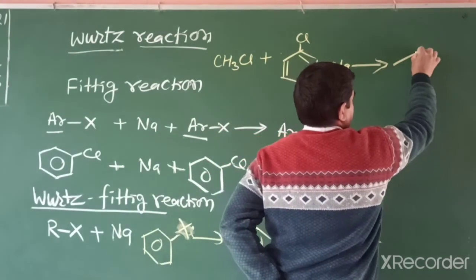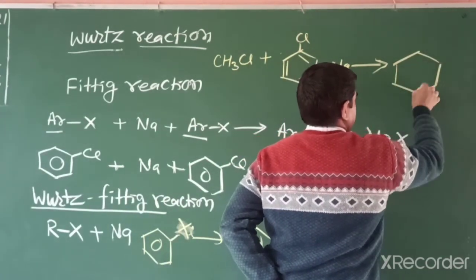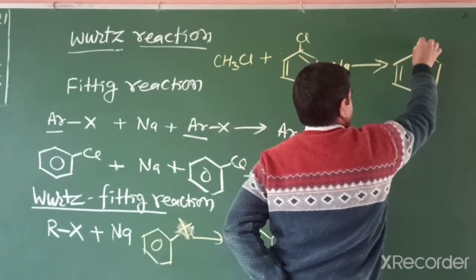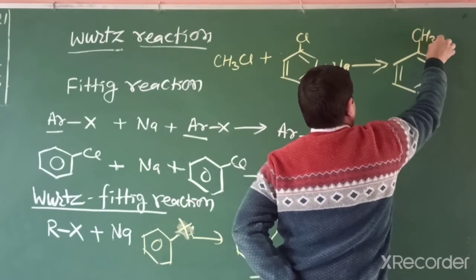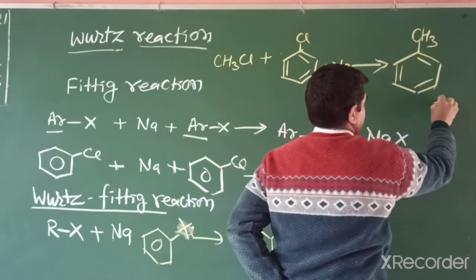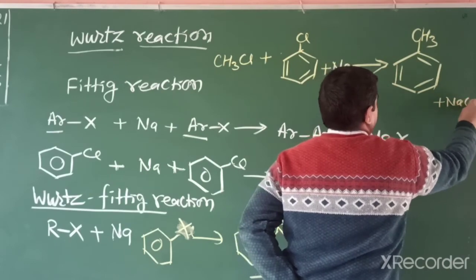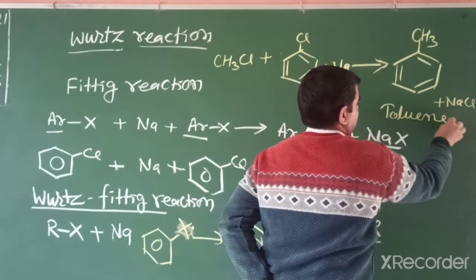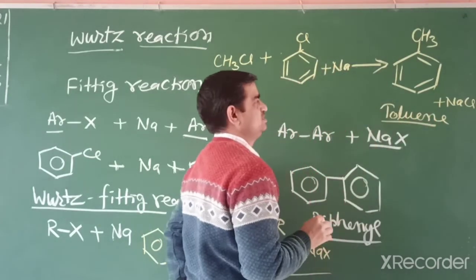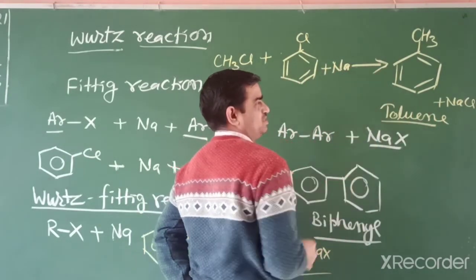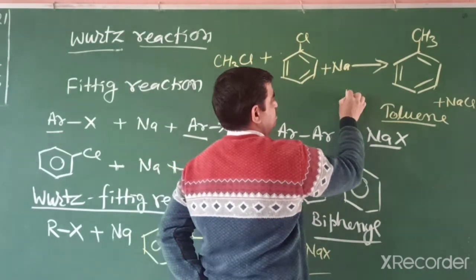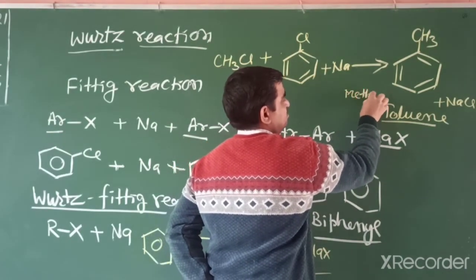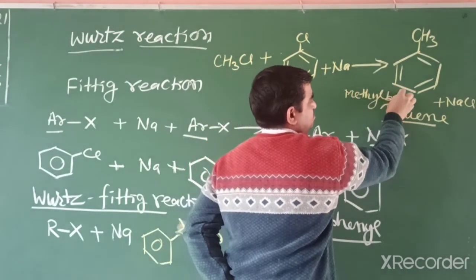So we get a compound like this, toluene, plus NaCl. We can say methylbenzene, its IUPAC name is methylbenzene, and it is known as toluene.